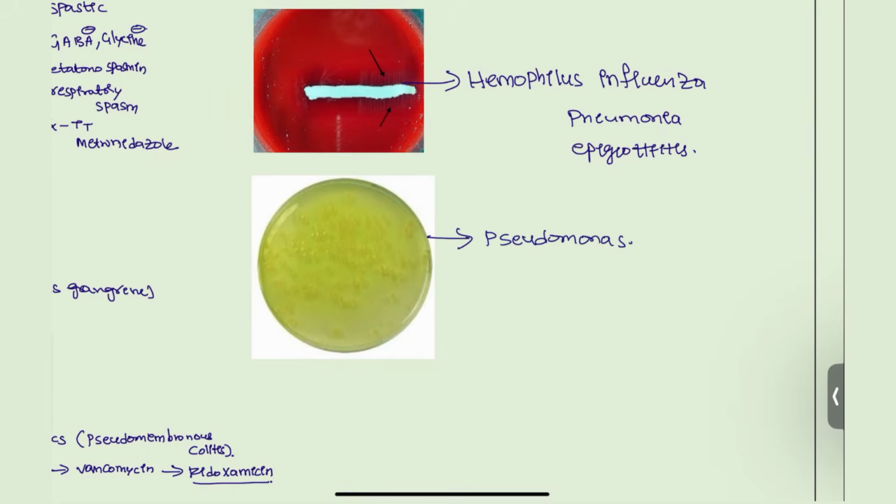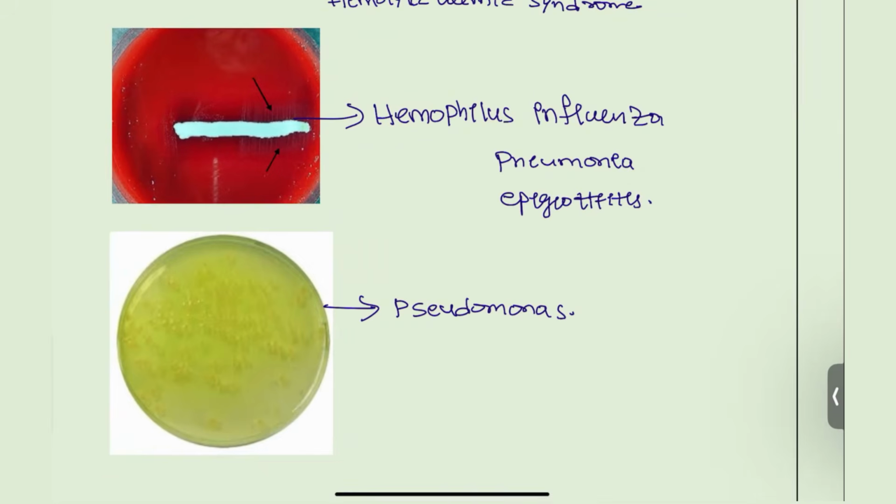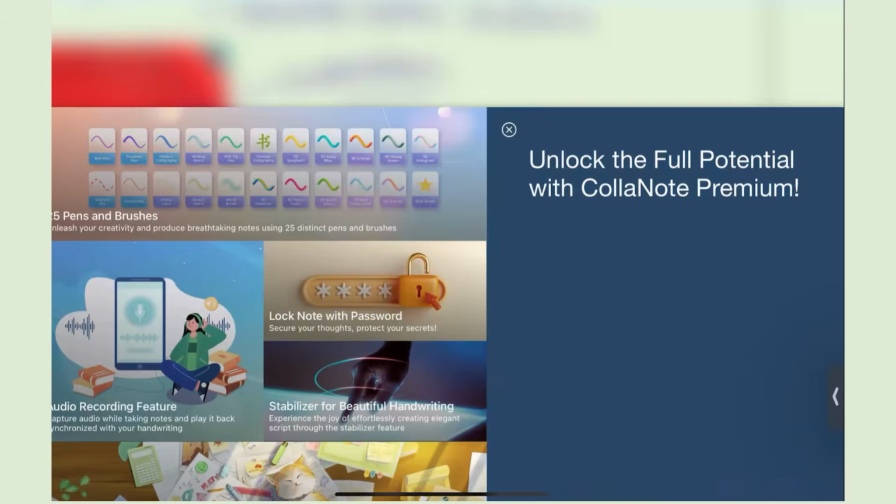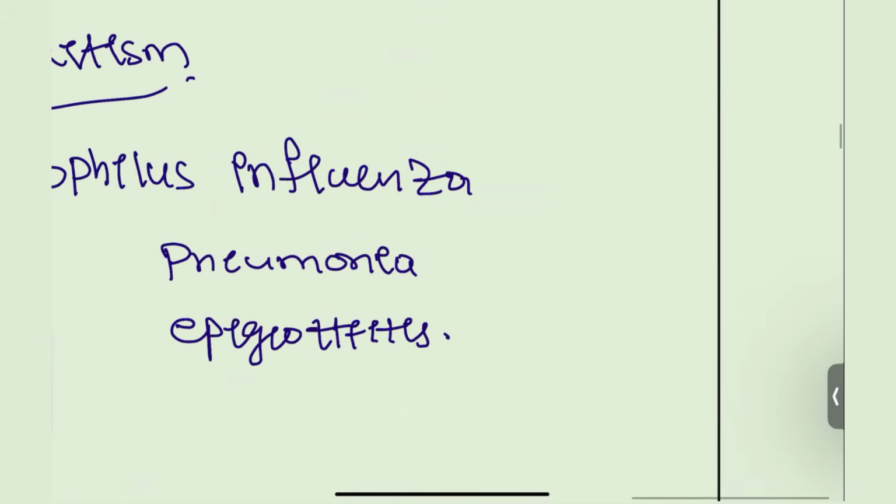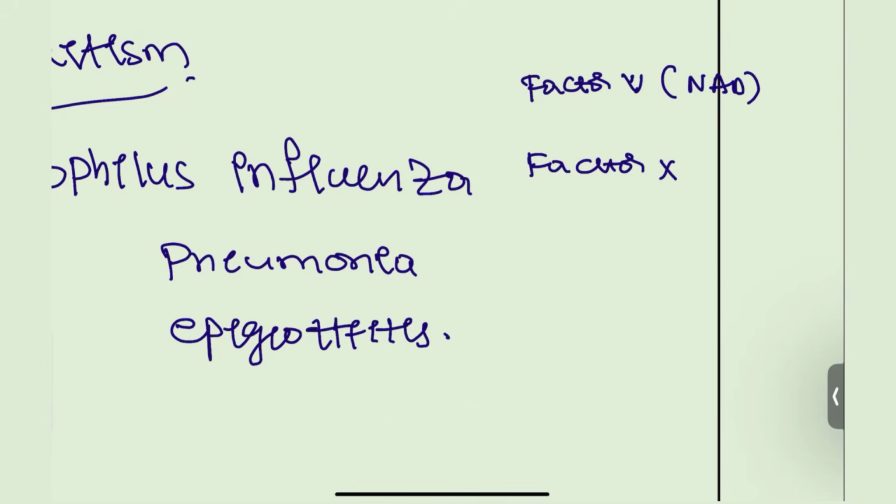And what we are going to see is classically known as satellitism. Satellitism. What is the specialty of Haemophilus influenzae is it has two factors. One is factor V, and another one is factor X. Okay, factor V is for NAD, niacin mediator, and factor X is for hemin. So these both will help Haemophilus influenzae for growth. That is what we are going to see in Haemophilus influenzae.